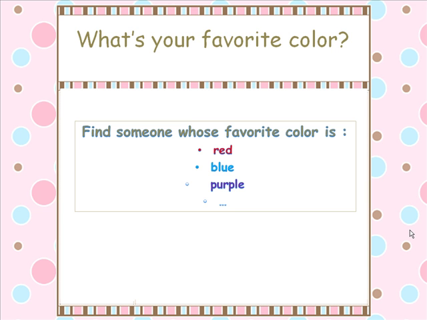If their classmate said red, then they can put that person's name down. So, and in the end, I'm going to ask them to sit down and tell me whose favorite color is red. Then somebody can tell me, for example, Jack or Judy or somebody like that.